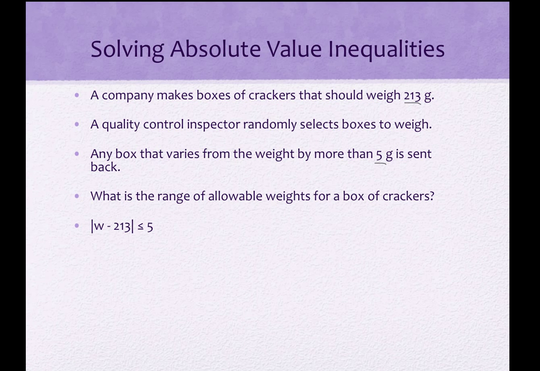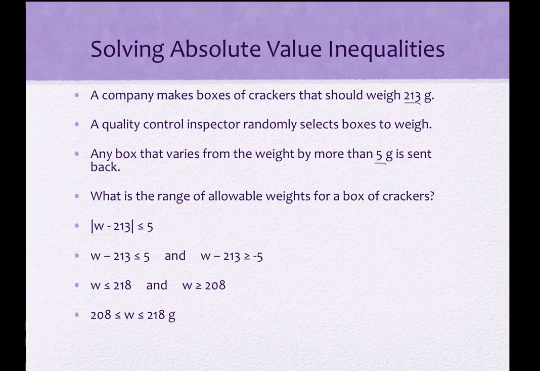We would solve this by setting up W minus 213 is less than or equal to 5, and W minus 213 is greater than or equal to negative 5. Continue to solve by adding 213 to both sides, and we end up with what we said. 213 minus 5 is 208, 213 plus 5 is 218. And we can write it as an and compound inequality.